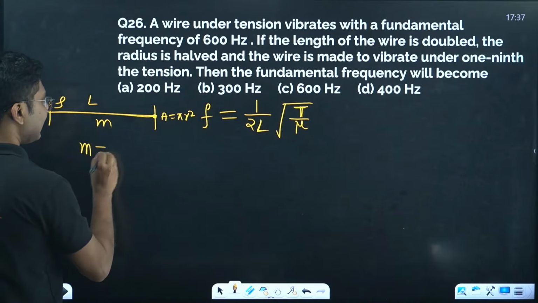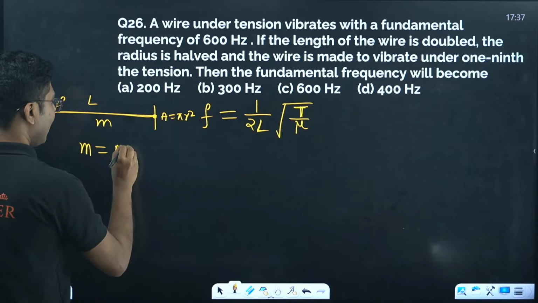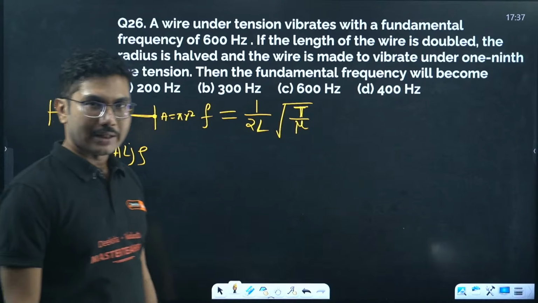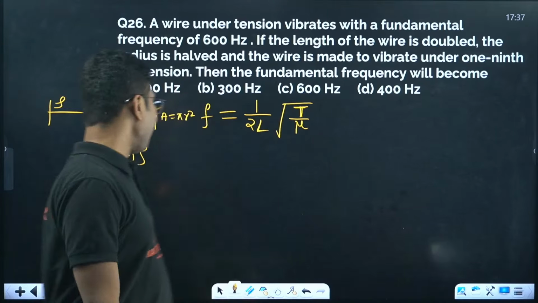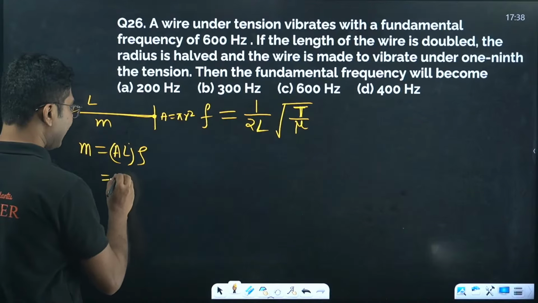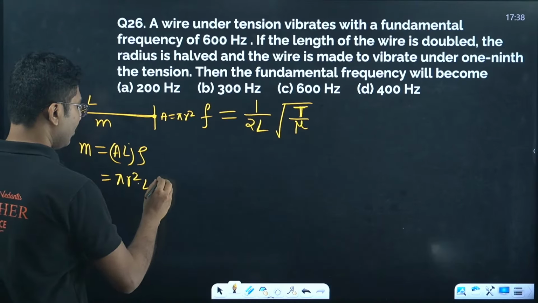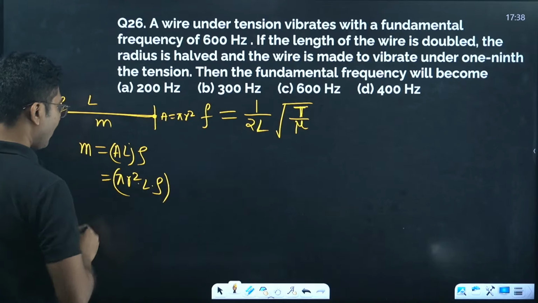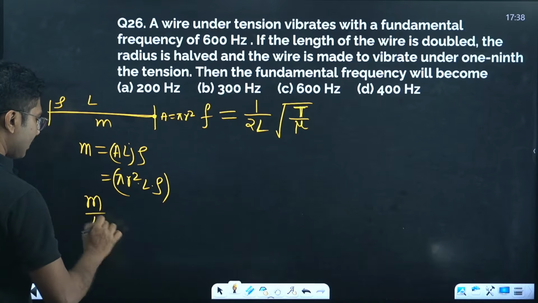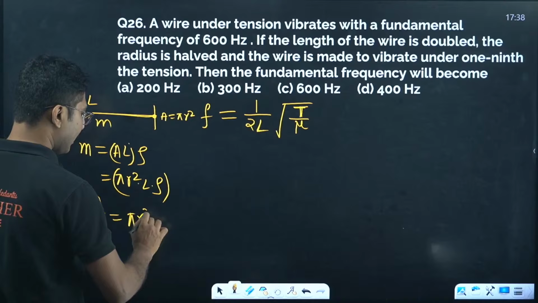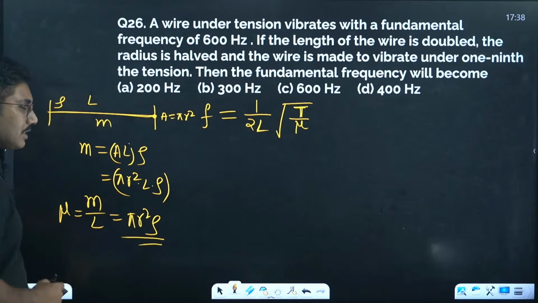Mass is area into length, that is volume, into density. Area is pi r square, so mass is pi r square into length into density. Now what is mass per unit length? Mass divided by length, that is pi r square rho.